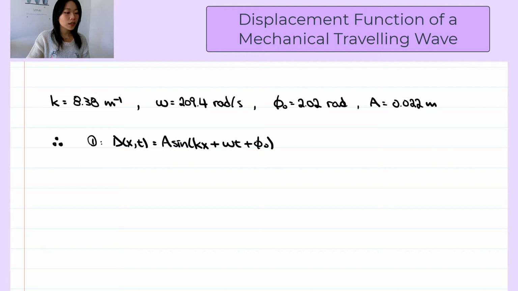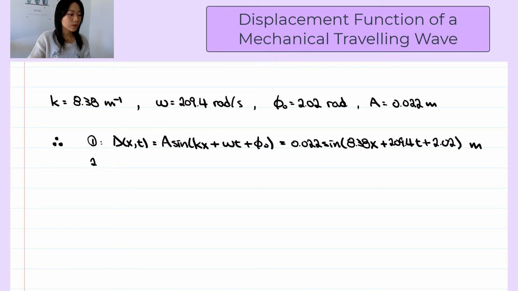So we substitute the quantities we found. The displacement function is 0.022 times sine of 8.38 times x plus the angular frequency 209.4 times time plus the phase constant 2.02, and unit is meters.